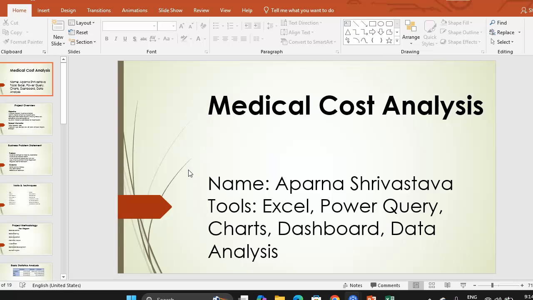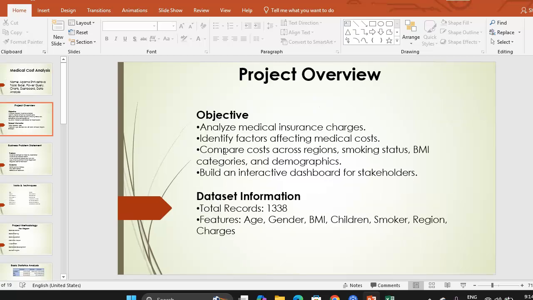Now, the project overview. In this project, I worked on a medical insurance dataset containing information about insurance beneficiaries.